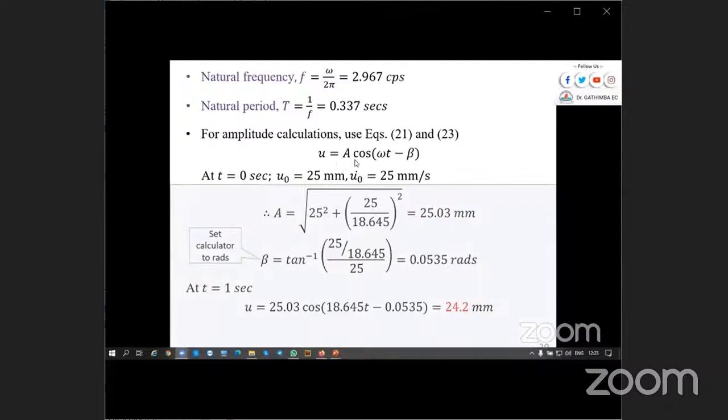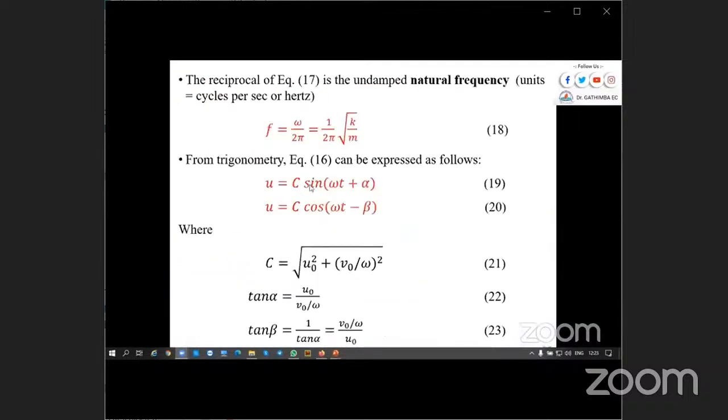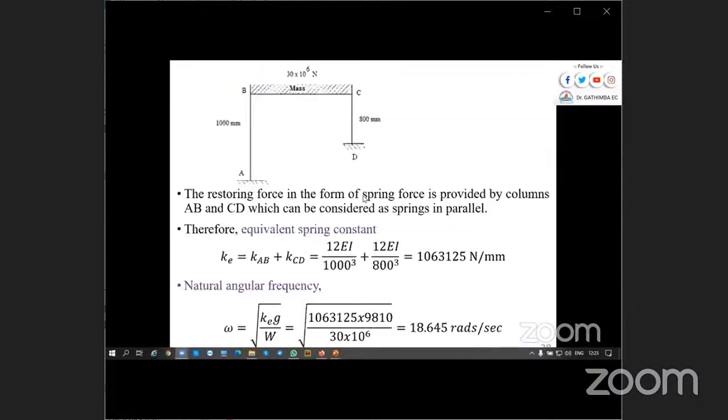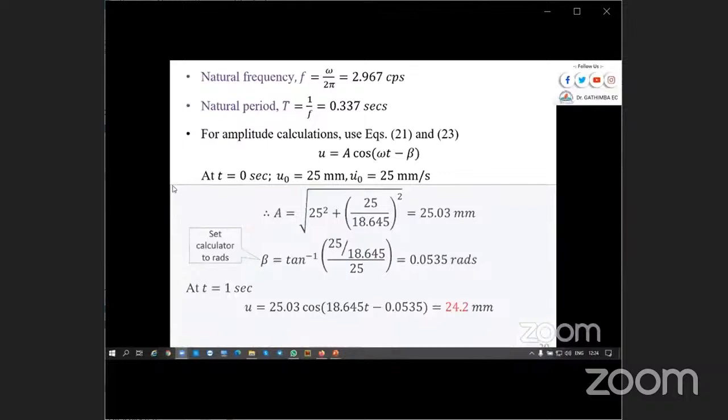Instead of using u equals cos, I used the sine one, and I was able to obtain the same answer. I wanted to show you the working, which is why you are seeing this highlight. There's an extension in my PowerPoint here. I was working now with the sine, and I substituted the values for the same. So it's as simple as that.